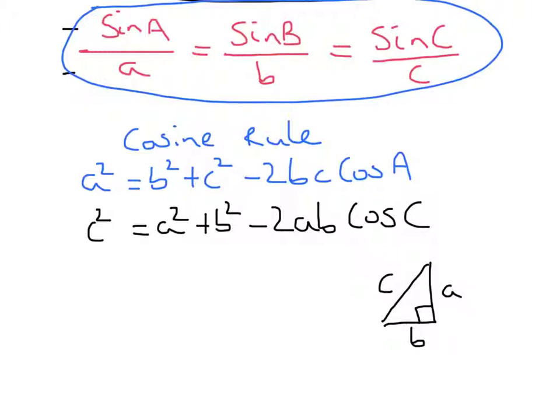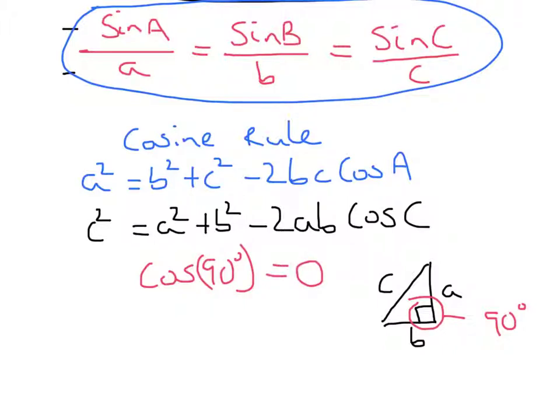So this means that angle C is our 90 degrees. And if you type into your calculator cosine of 90 degrees, you'll find it's 0.